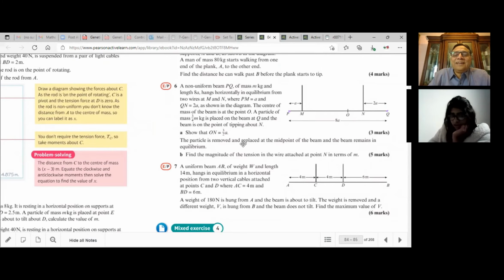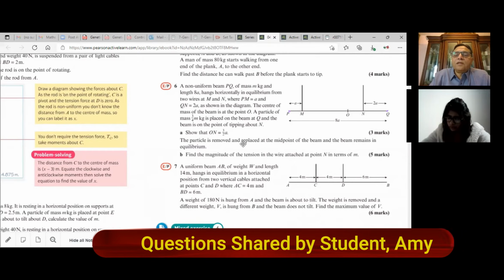It hangs horizontally in equilibrium from two wires M and N, where P to M is a and Q to N is 2a, as given in the diagram. The center of mass of the beam is at a point O. A particle of mass 3/4 m kg is placed on the beam at Q, and the beam is on the point of tipping about N.